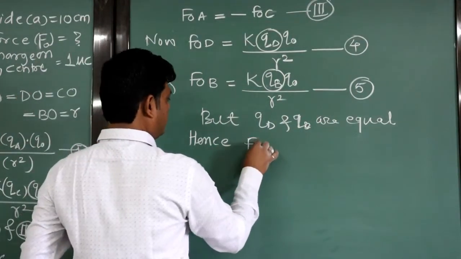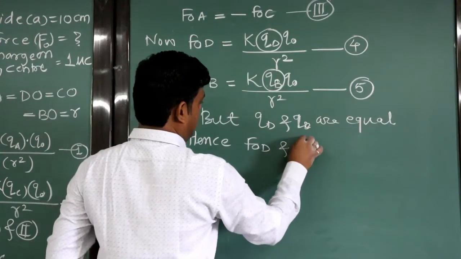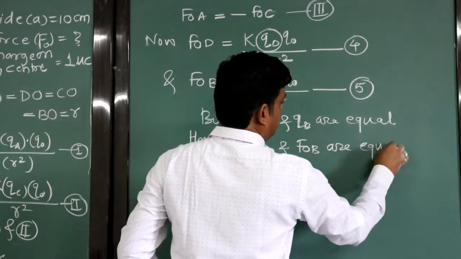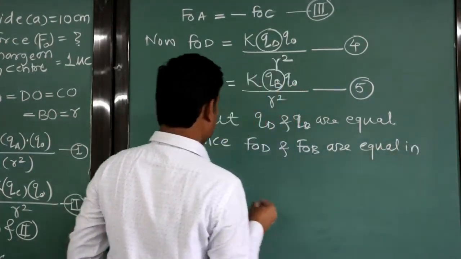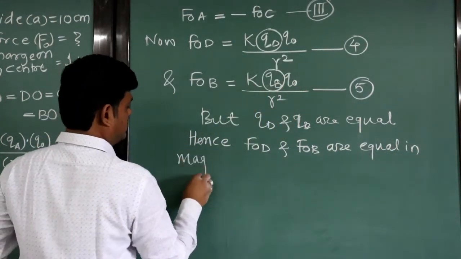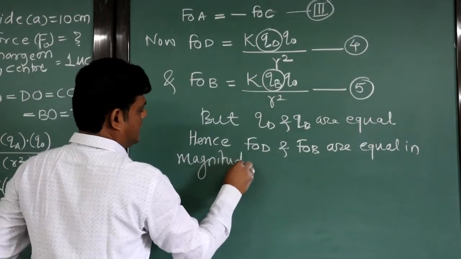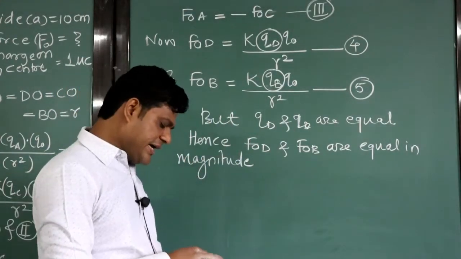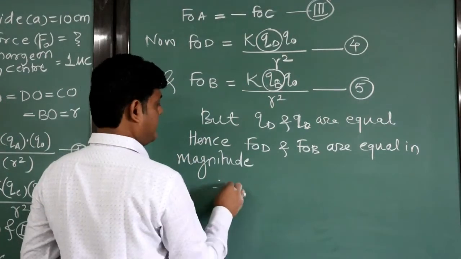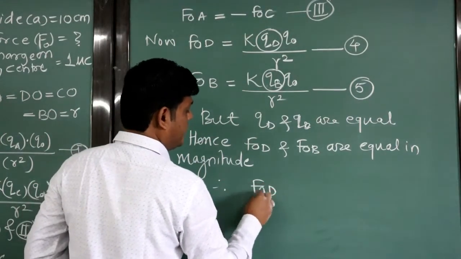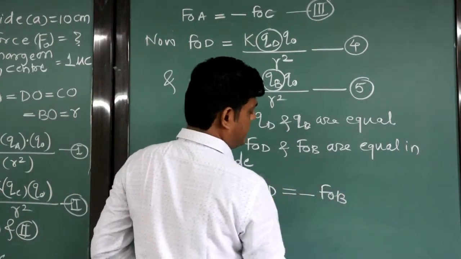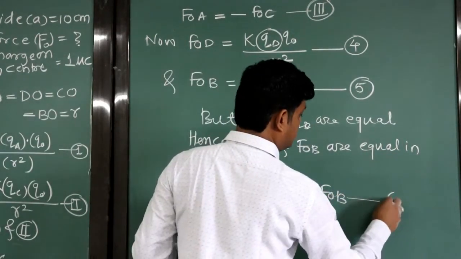So the forces FOD and FOB are equal in magnitude, and they are opposite in direction, as we have already seen in the diagram. Therefore we can write FOD equal to minus of FOB, equation number 6.